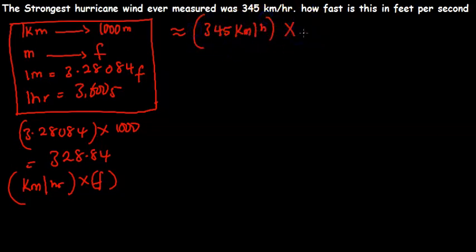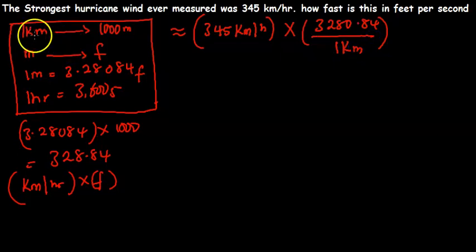We're going to multiply that by 3280.84 divided by 1 kilometer, because 1 kilometer is equivalent to 1,000 meters, multiplied by 3.28084.